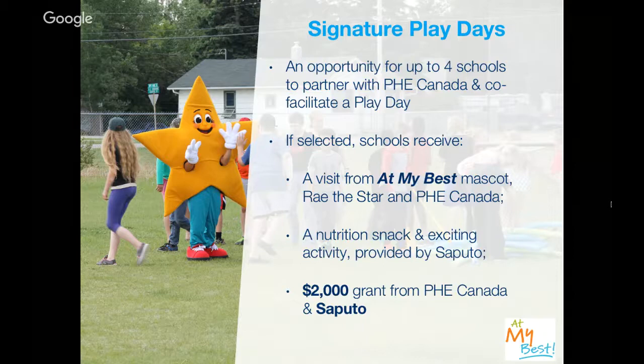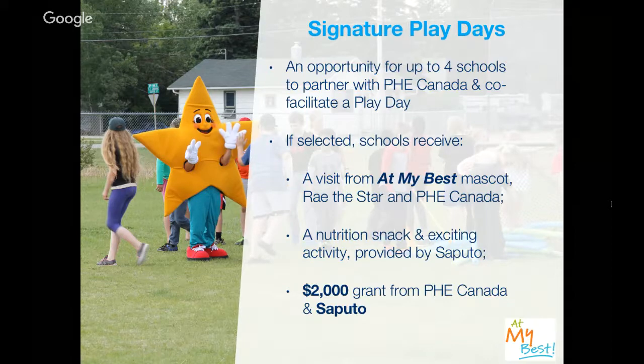So schools have the opportunity, like I said, to register. It's open to any school to receive a set of tools and resources to support them in planning their school's event. And then beyond that, they have the option of applying for a signature play day.